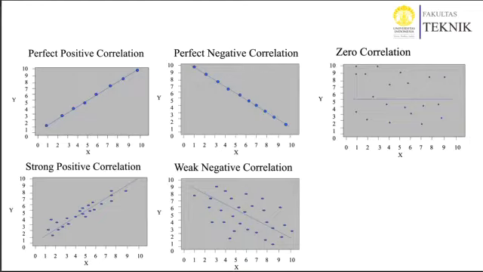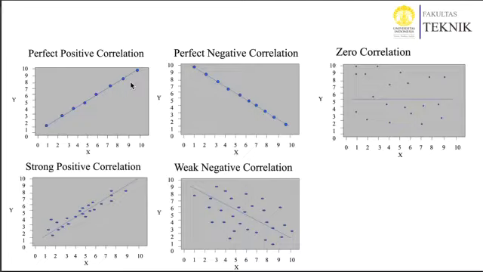So here we have example correlation. For this correlation, we have positive correlation and negative correlation, and also zero correlation. Here for positive and negative correlation, we have perfect positive, perfect negative, strong positive, strong negative, and also weak correlation, both positive and negative. We can see by the scattering of the data.